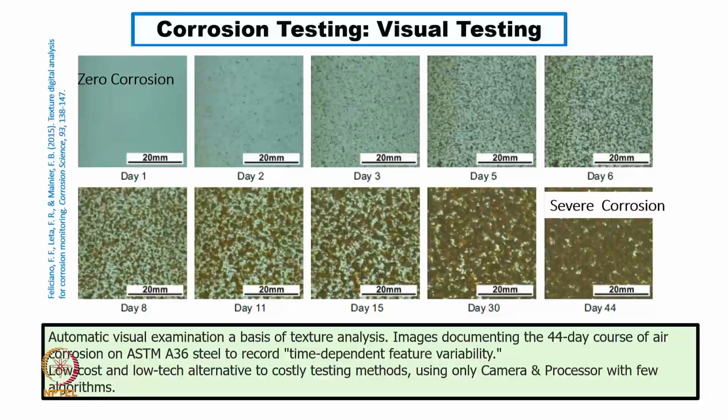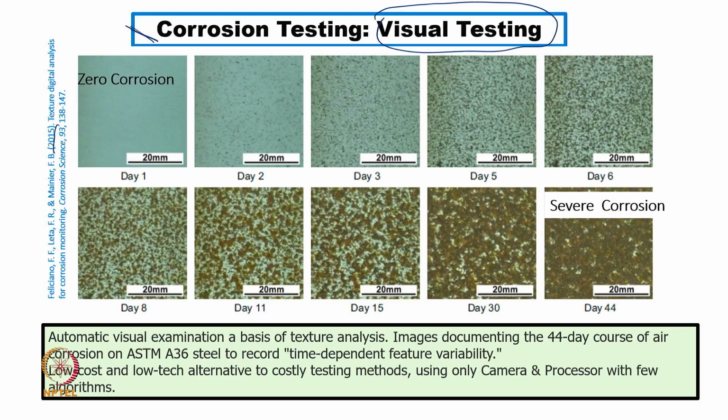Now, we are coming to NDT particularly for corrosion, and the first one is visual testing, which we covered earlier in a previous lecture. We had taken a reference from 2015, where they improved the testing method.